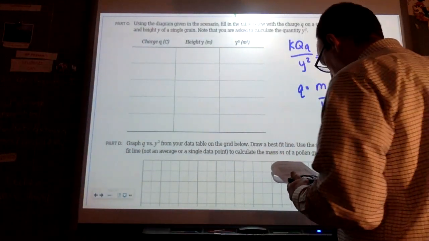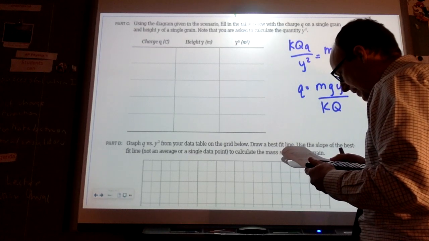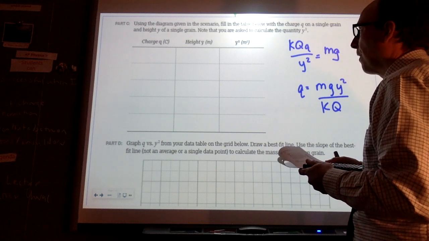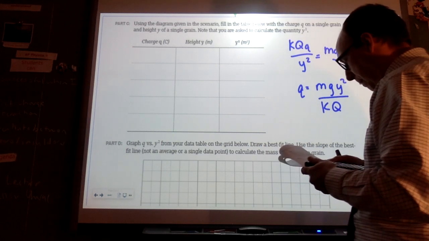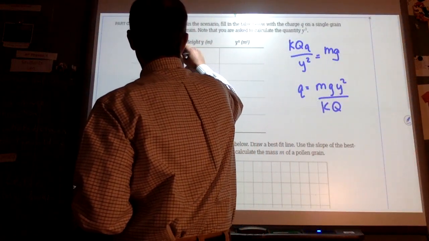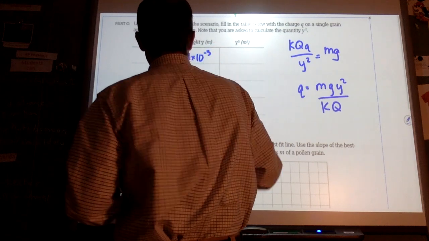All right, our first one looks like it's at 4.4 millimeters. So that would be 4.4 times 10 to the negative third.